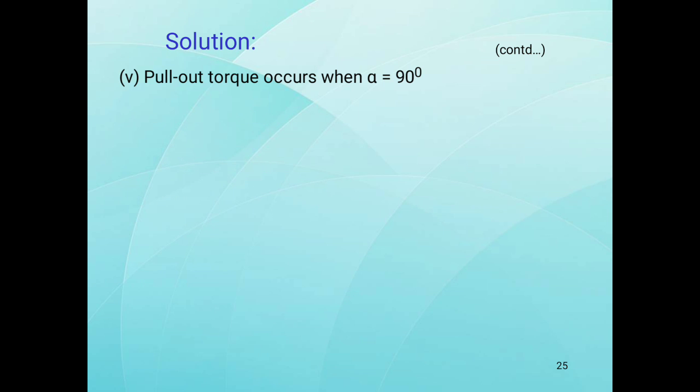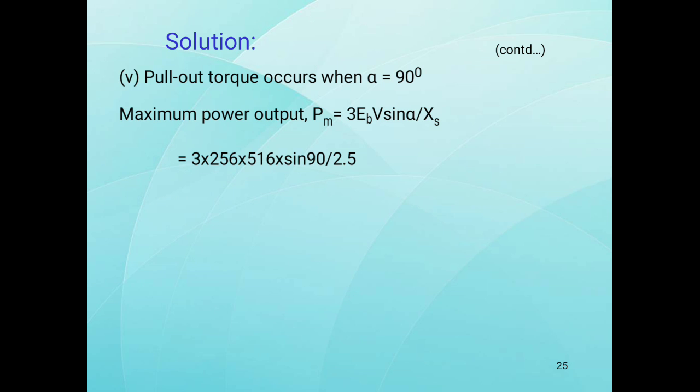Full torque occurs when alpha is equal to 90 degrees. The maximum output power Pm is 3 Eb V sin alpha max by Xs, that is 3 into 254 into 516 into sin 90 by 2.5, which is 157,275 watts.